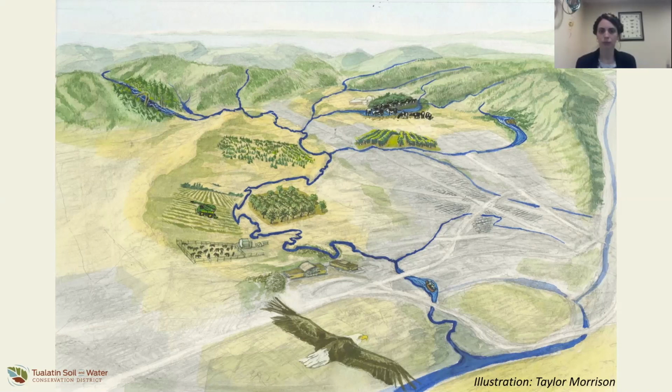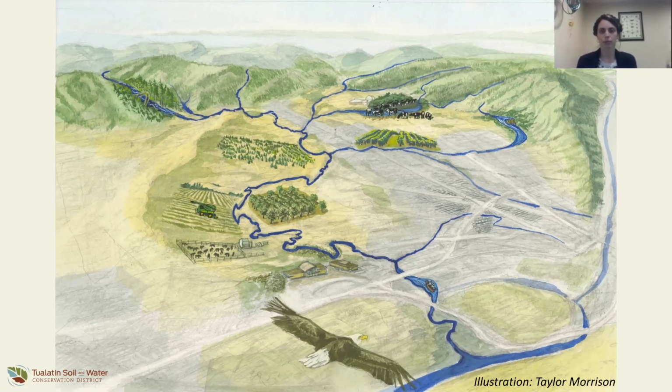Now, that creates a bowl or a basin that the Tualatin River flows through. So as it's flowing from west to east, the Tualatin River drains about 900 miles of tributary streams and creeks. Here in Washington County, we receive about, give or take, 40 inches of precipitation each year.